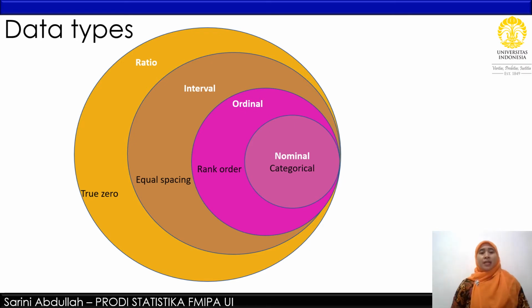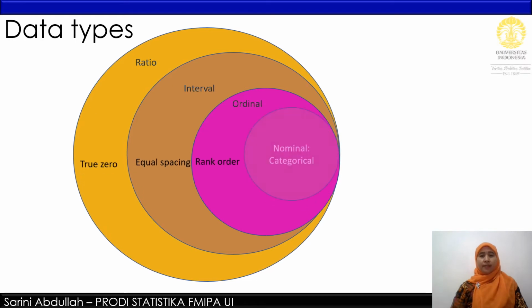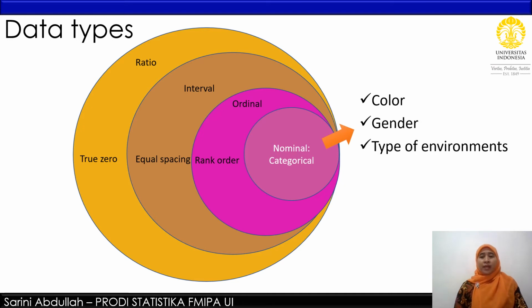So now let's see some examples of the data types. For the nominal data, some examples are color, let's say eye color or hair color or skin color or fabric color, such as red, blue, orange. All the colors are on the same level. We don't say that the blue color has a much higher value than the black color, for example.